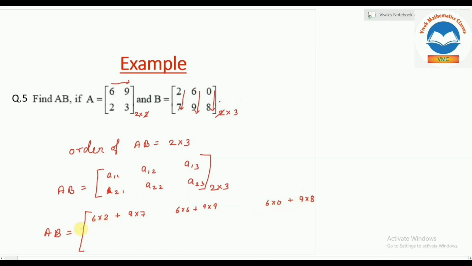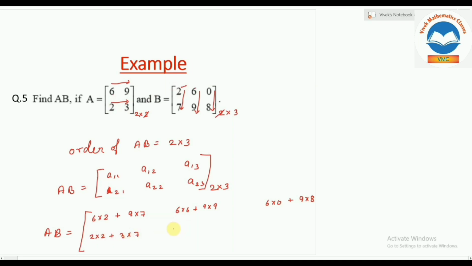In the same way we will write the second row also. A21 means second row, first column. From the first matrix you take the second row, because always the row you take from the first one and the columns from the second one. So you get 2 into 2 plus 3 into 7.